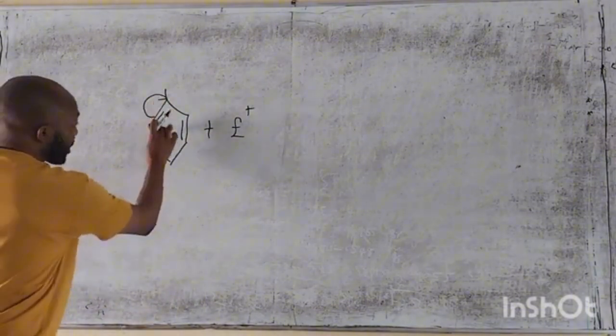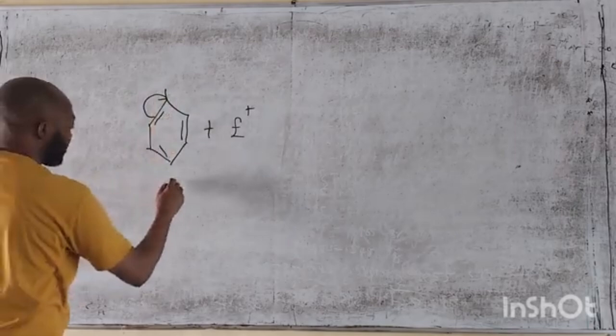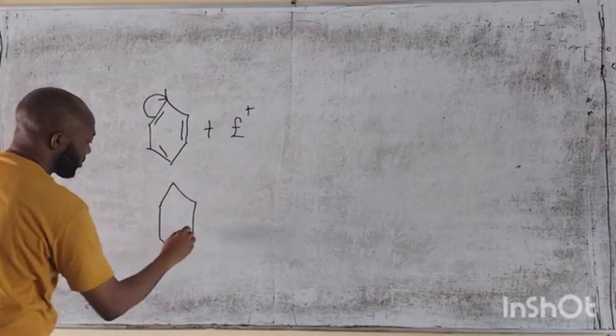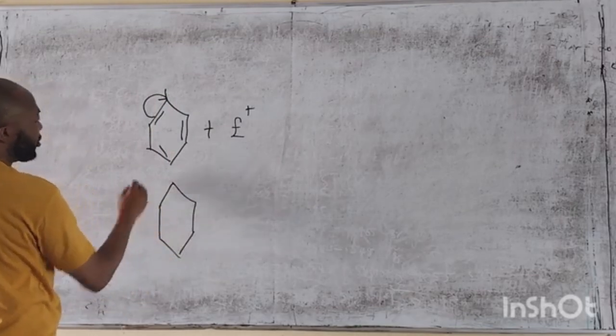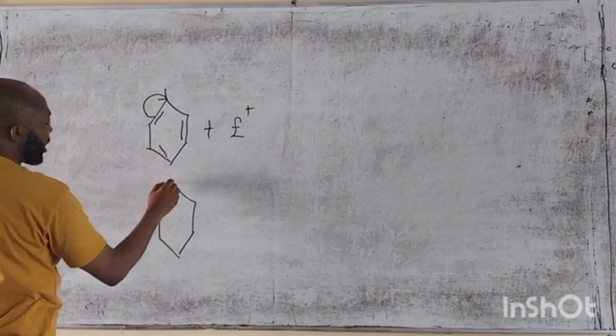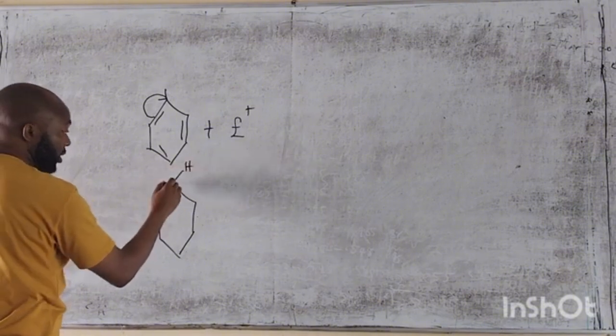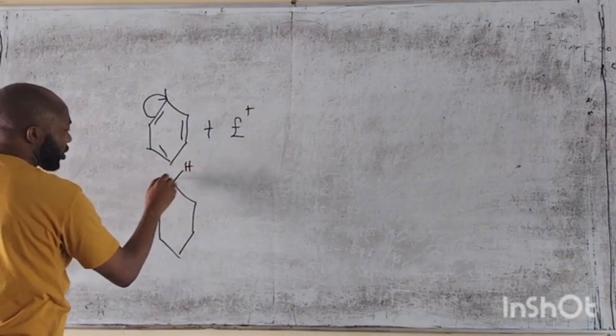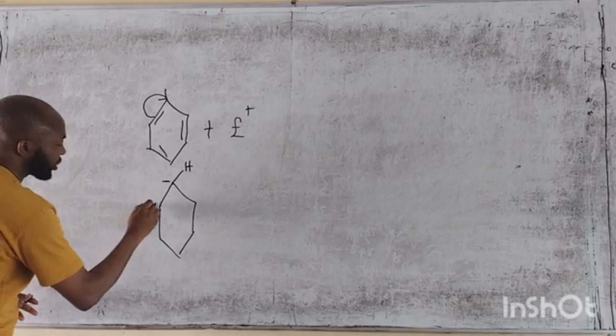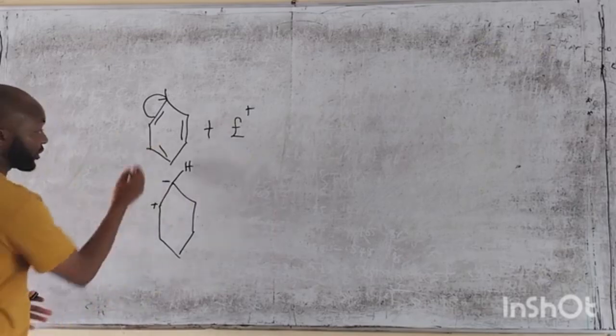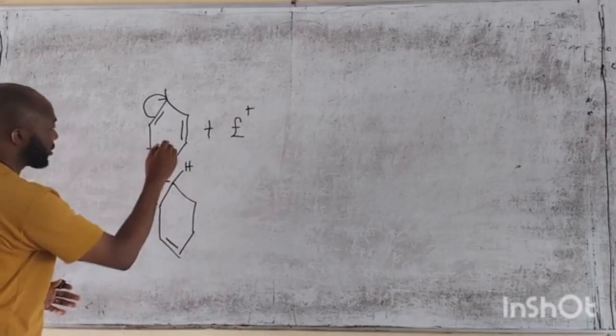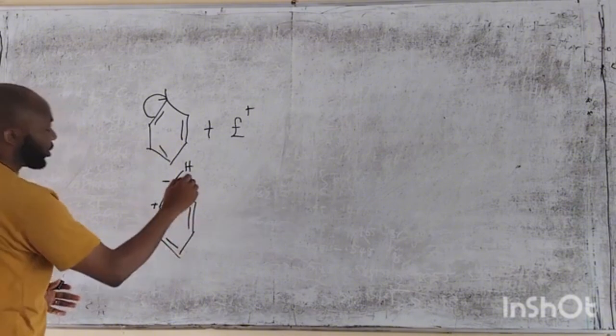If that happens, this compound becomes this. Remember, I have moved this electron to here, so here I have my hydrogen obviously, which is always there, and here becomes negatively charged. Here is positive, it has given out, so it's deficient now. I have my double bond and my double bond.